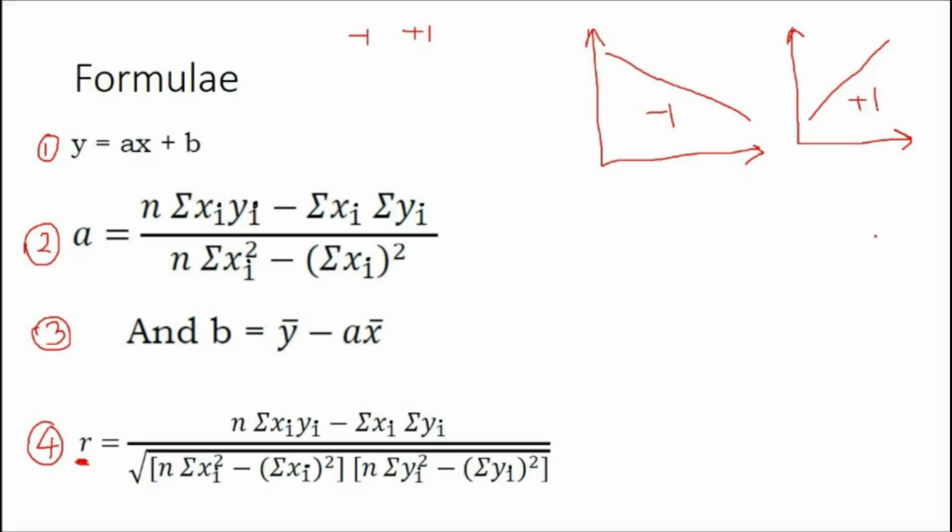You will not get exactly +1 and -1. You will get very near to +1 or -1. If you are getting exactly 1, it is very rare occasion. Have you understood what is r? Tell me what is r. That r is called as coefficient of regression.